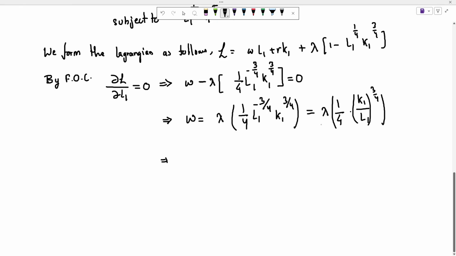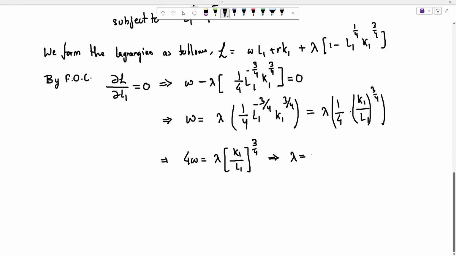So we can take the 4 there: 4 times wage equals lambda times K1 by L1 to the power 3/4. What is going to be my lambda?